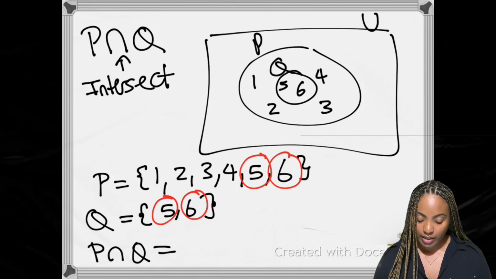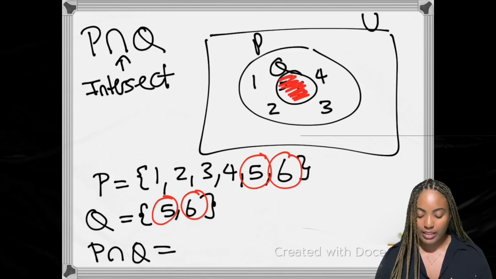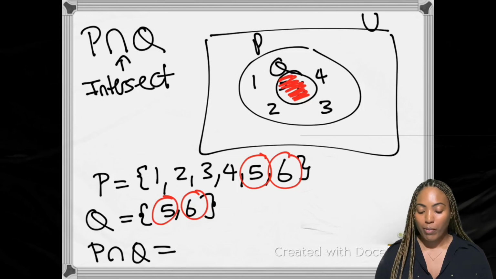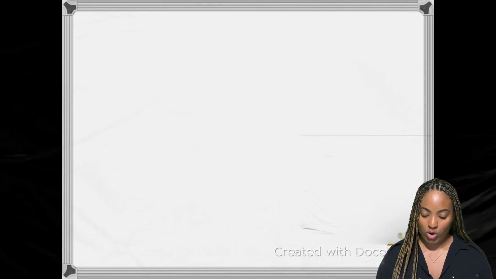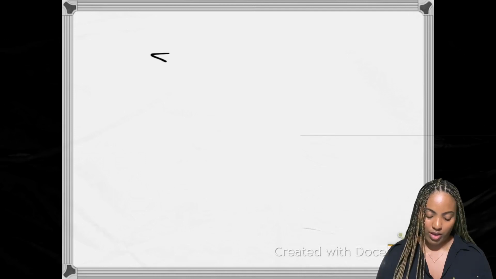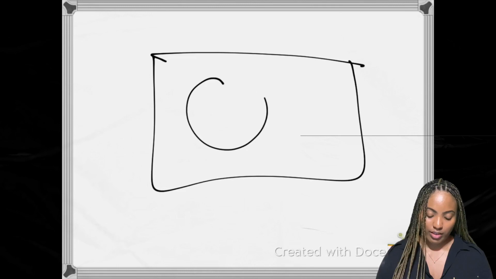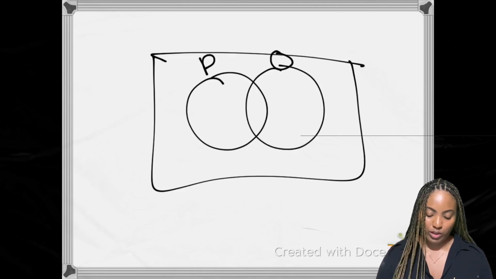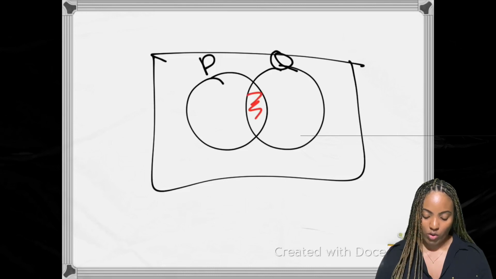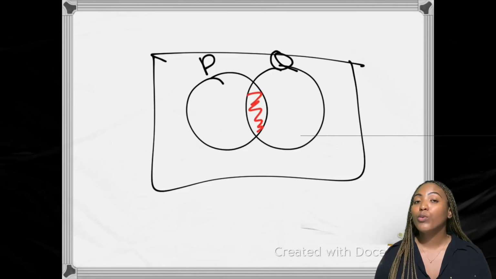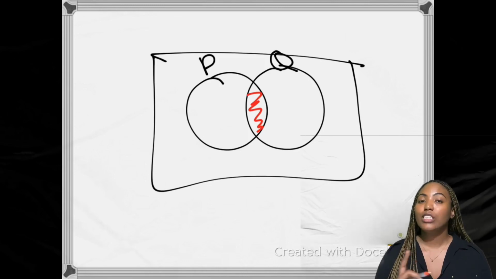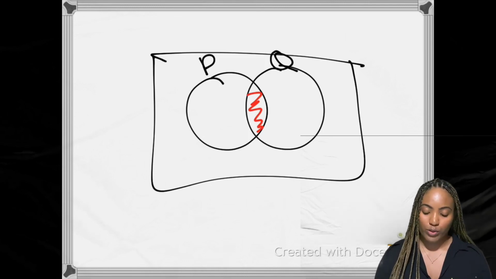So as you can see, the shaded region, which would represent P intersect Q, would be everything inside of Q. And I know you're probably used to seeing an intersection which looks something like this, where the two sets look like this, and then the intersection would be here. However, because Q is a subset of P, the intersection happens to be all of Q.